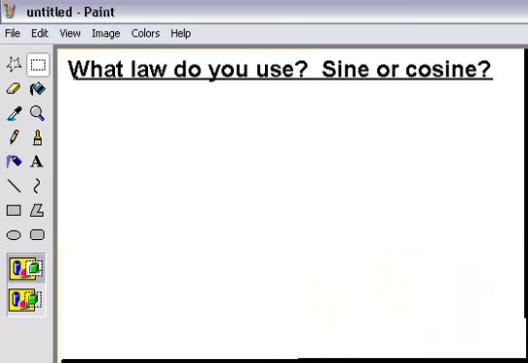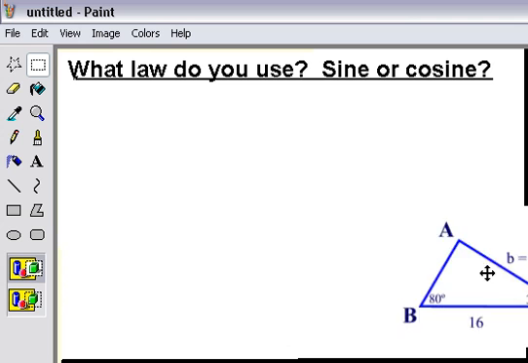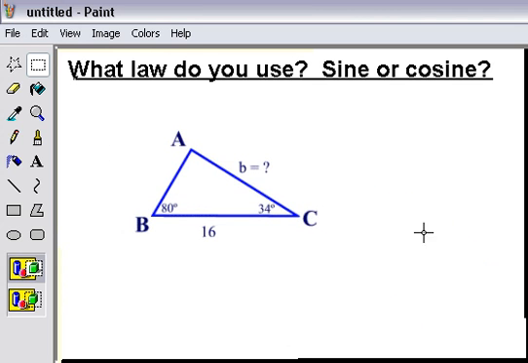Let's see if we can take a look at another example. Here's a great example right here. I'm just going to slide it into the frame so you can see. Okay, in this example, we have one side angle pair. Now this is tricky because usually when you think that we have one side angle pair, we have to use the cosine law.